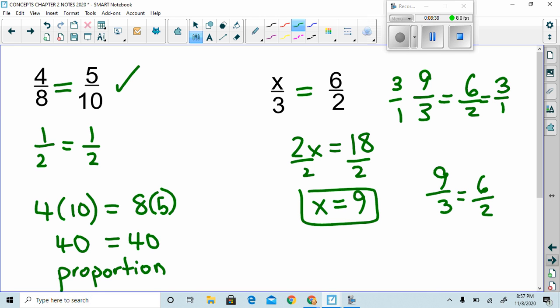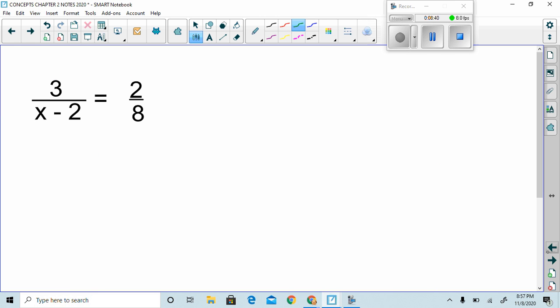Again, we can do a whole series of these, but I think we'll do one more with the distribution, just so you can see. I'm going to multiply my extremes, which is 3 times 8. It really doesn't matter because of the equal sign, but you do have to be sure that you are crossing and multiplying.